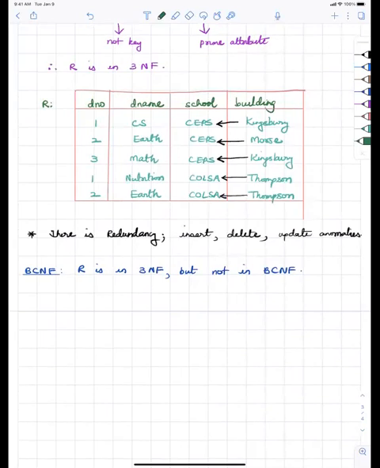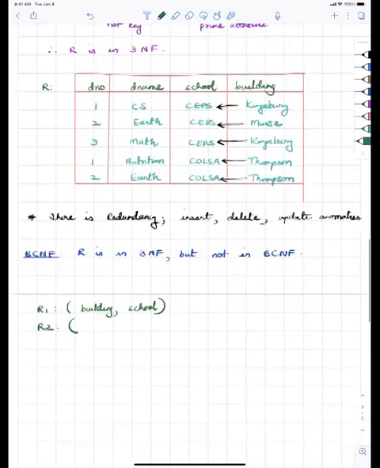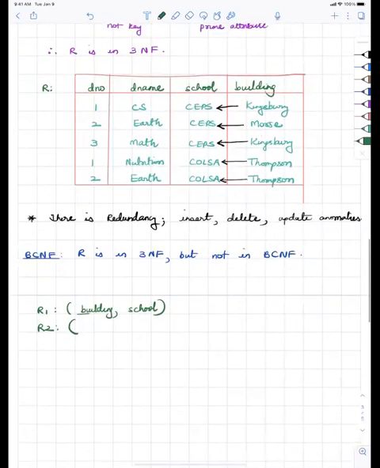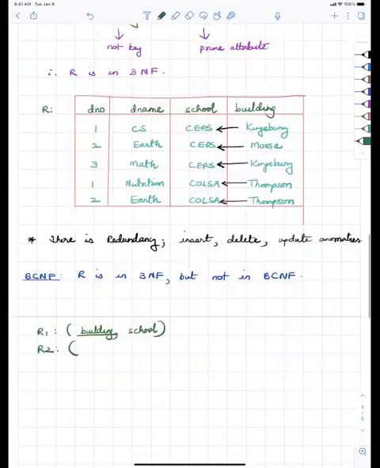you could do R1 to be, in this case, you have building. It is a key. I just want to make sure that was the one. Yeah, building goes to school.